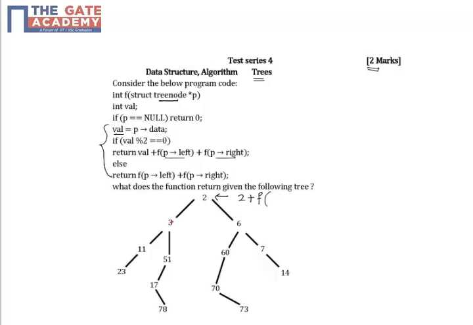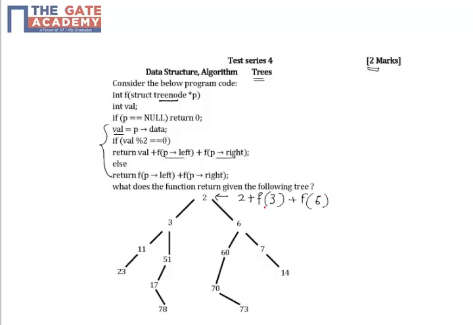For simplicity I am writing the value of the node. So let's say f of 3. When I say f of 3, it is the subtree rooted on the left side of this node, plus f of right subtree, which is 6.